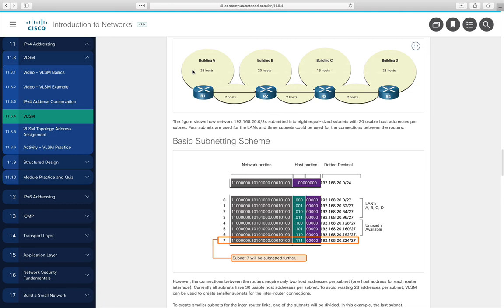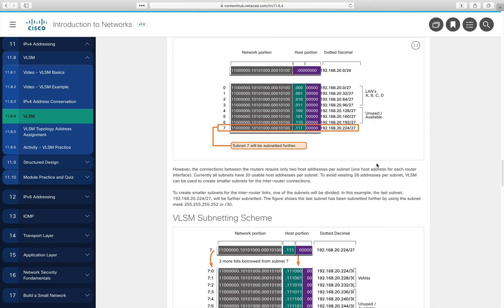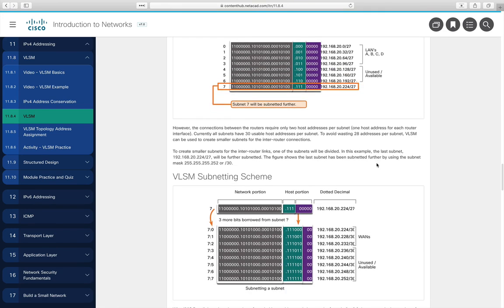The next breakpoint would be 14 usable hosts. So we're not going to be able to start doing the variable length subnet mask right away. So what they're going to do is take this last subnet and carve out some 2 host WAN addresses for that by using variable length subnet mask.